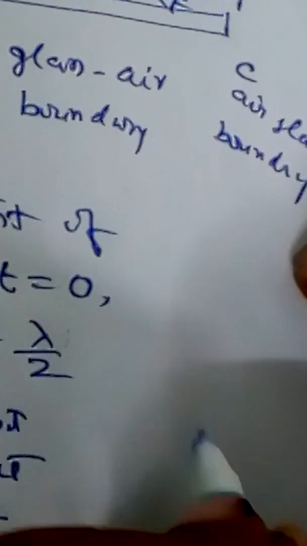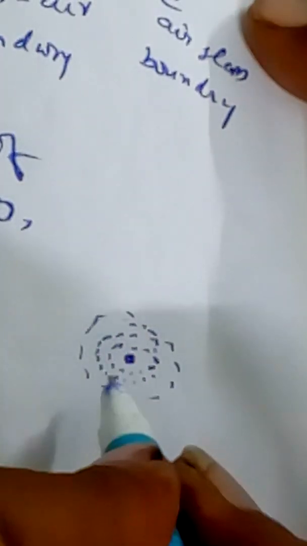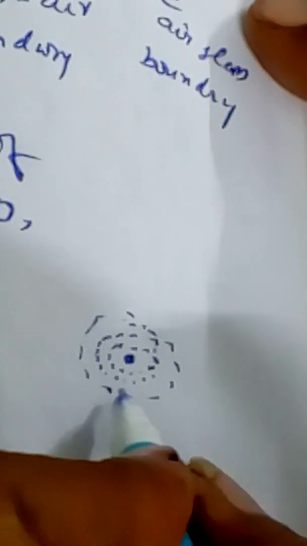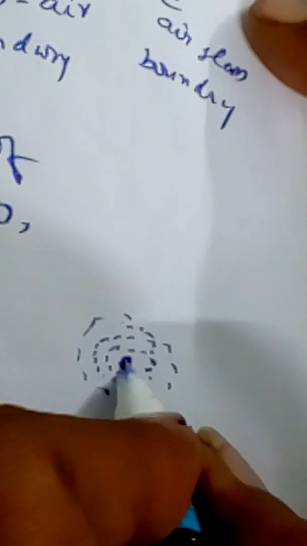So wherever I take, thickness is same. When I draw all the points and then try to draw a locus for them, when you view it from the top, they appear to be lying on the circumference of the circle with the center at the spot.